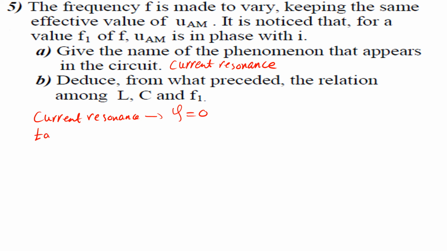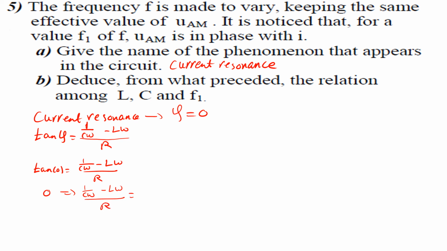It was tan phi is equal to 1 over C omega minus L omega over R. If we replace it, it will be tan of 0 equals 1 over C omega minus L omega over R. Tan of 0 is 0, so 1 over C omega minus L omega over R is equal to 0.